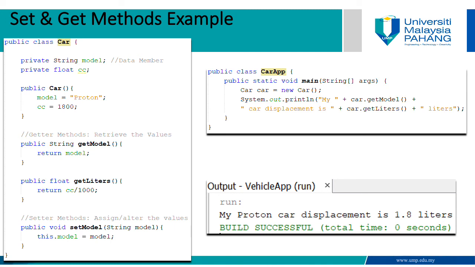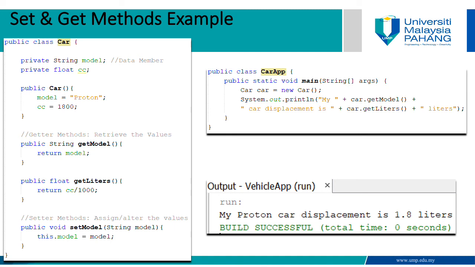Now where are the getter and setter methods here? As you can see, they are already written there. The getter method, which is public String getModel, will retrieve the value of the model. And the setter method, which assigns or alters the value, is public void setModel, so it will set the model value for the car.